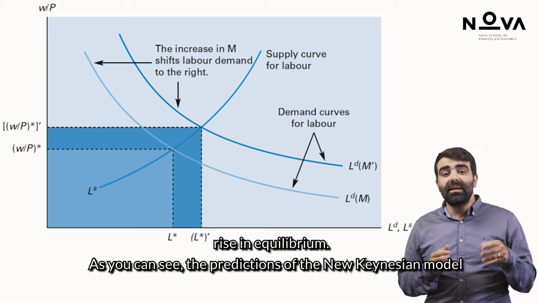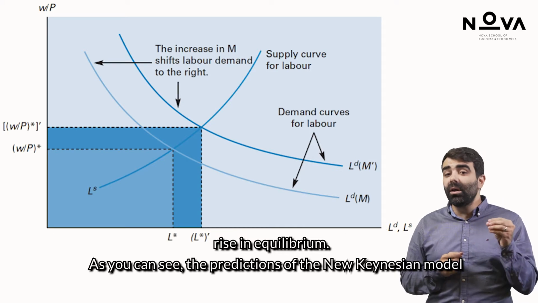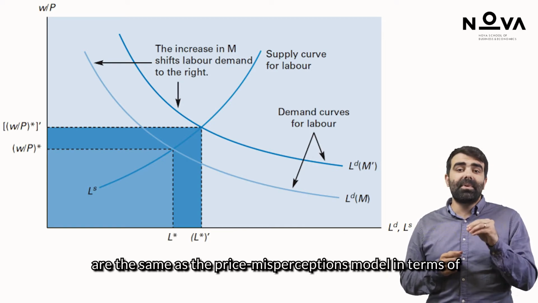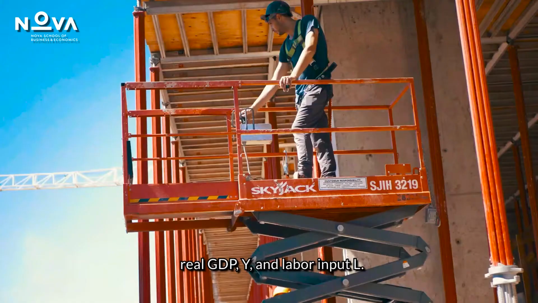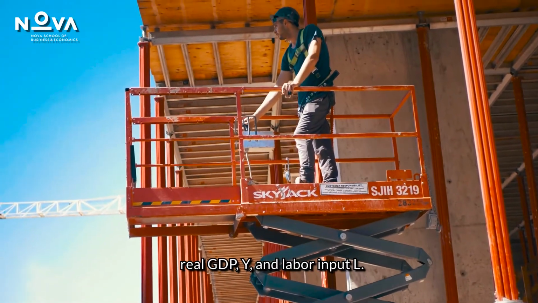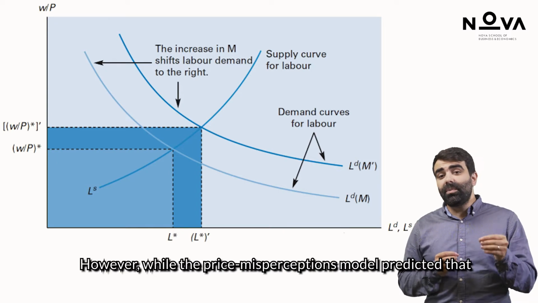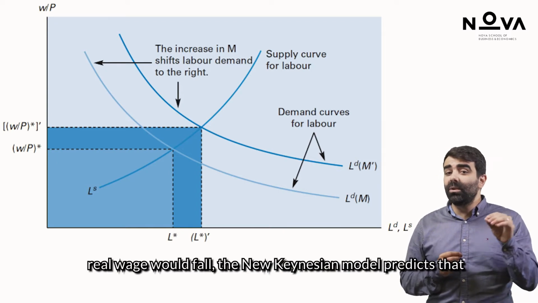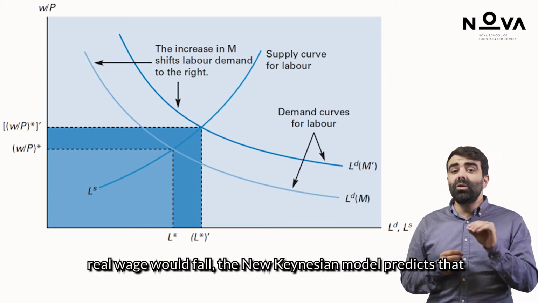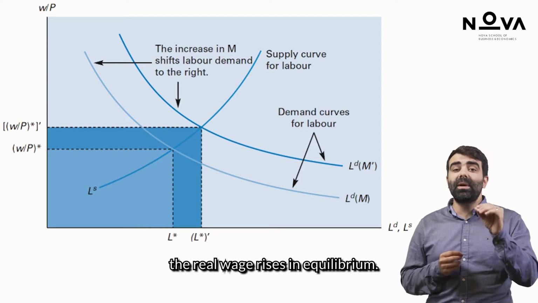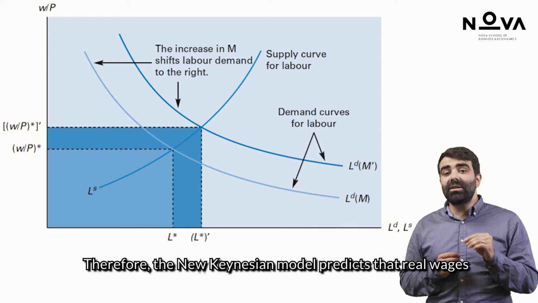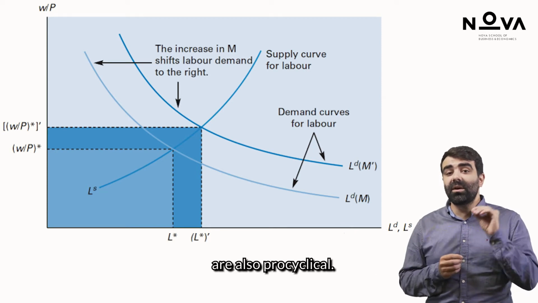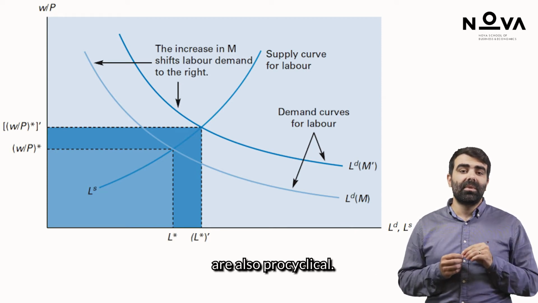As you can see, the predictions of the new Keynesian model are the same as the price misperception model in terms of real GDP, Y, and labor input, L. However, while the price misperception model predicted that real wage would fall, the new Keynesian model predicts that the real wage rises in equilibrium. Therefore, the new Keynesian model predicts that real wages are also pro-cyclical.